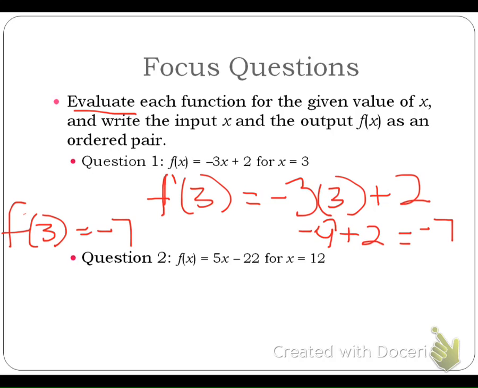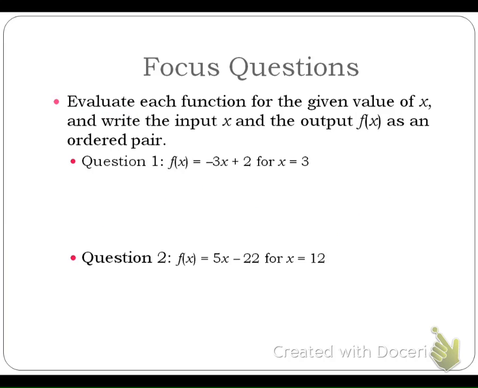If the function notation confuses you, one thing you could do is just replace it with the letter y. So let me erase all of this for a second. I see students do this all the time. I told you that f of x is just like saying y. Y is negative 3x plus 2.